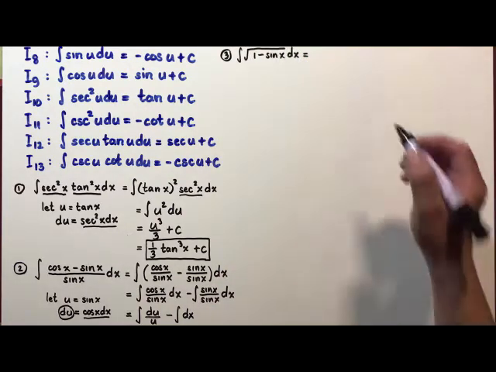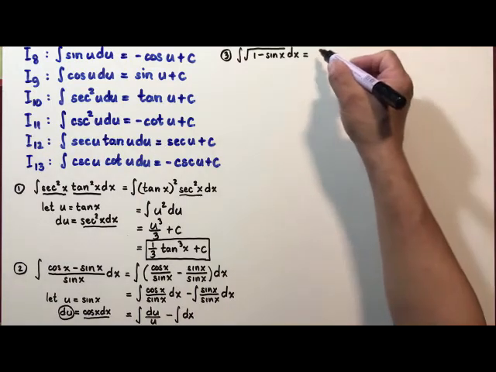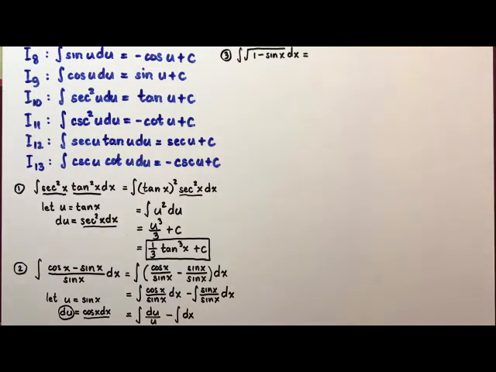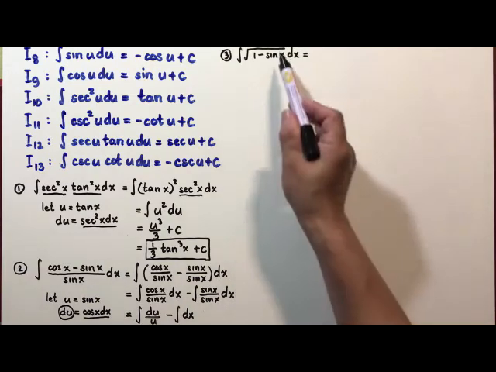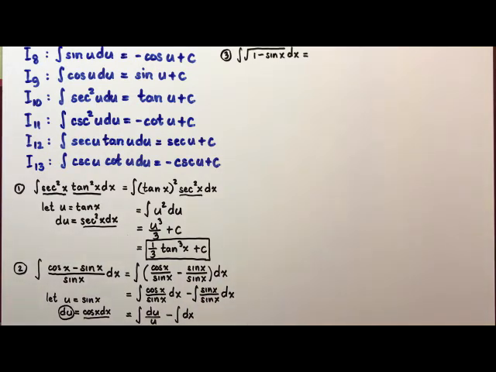If we rewrite this as the integral of 1 minus sine x to the power 1/2, that would not help in integrating that integrand. So this integrand may appear a little bit difficult.